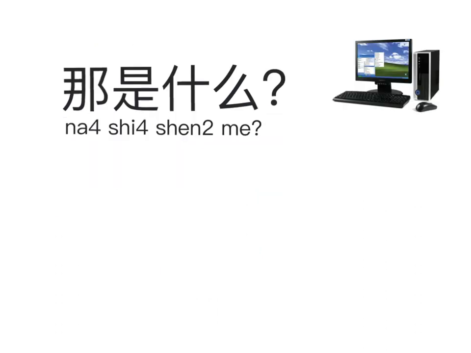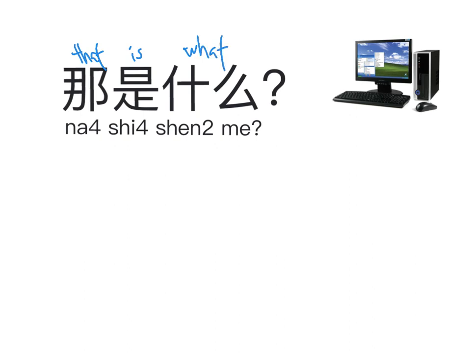Here in this example, we have another picture, a picture of a personal computer, or in Chinese we call it a 电脑. Now, earlier we have 这是什么. Now we have another new word. We have 那是什么. In this case, 那 means that, 是 is is, and then what is 什么.